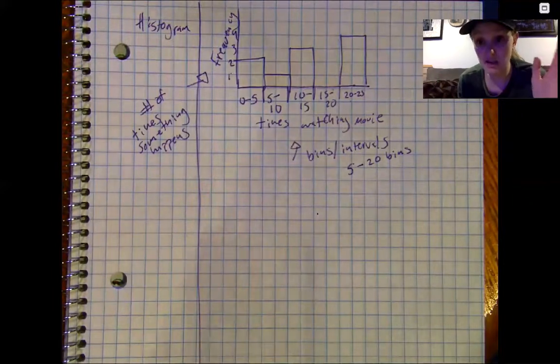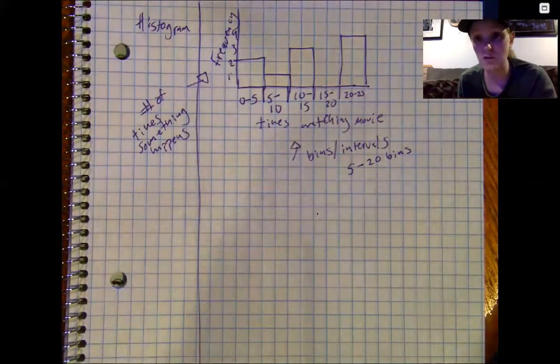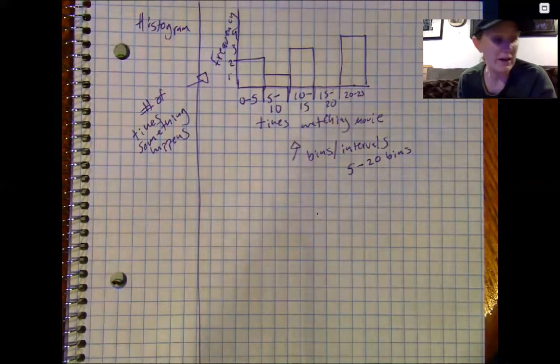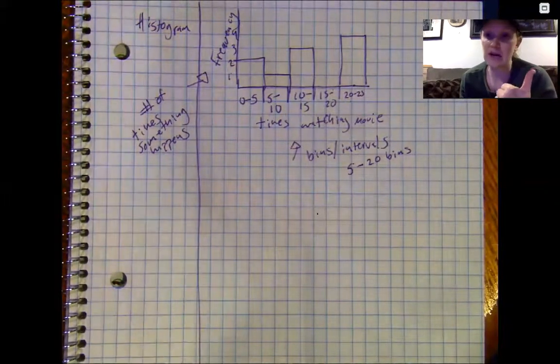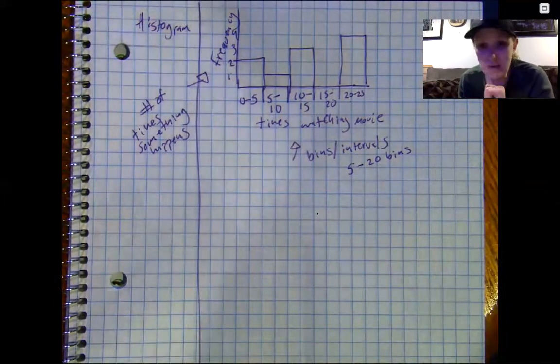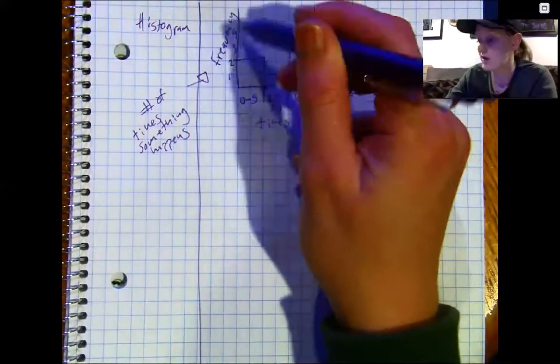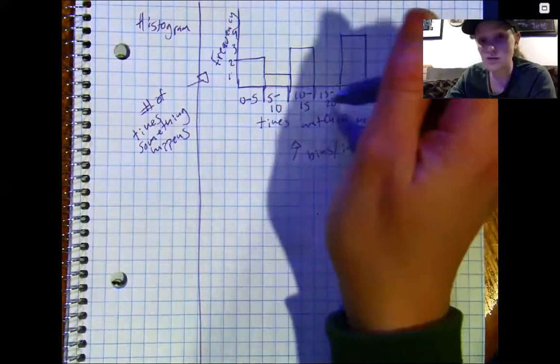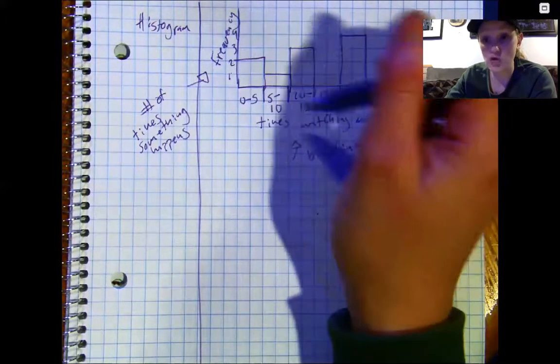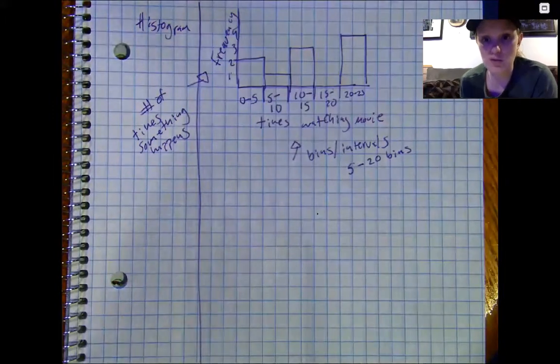The smaller your data set is, the fewer bins you should have. So again, just to recap, you need to have between 5 and 20 bins. Frequency is the number of times it happens. It's always on the y-axis. And your x-axis is always where you have your intervals or your bins.